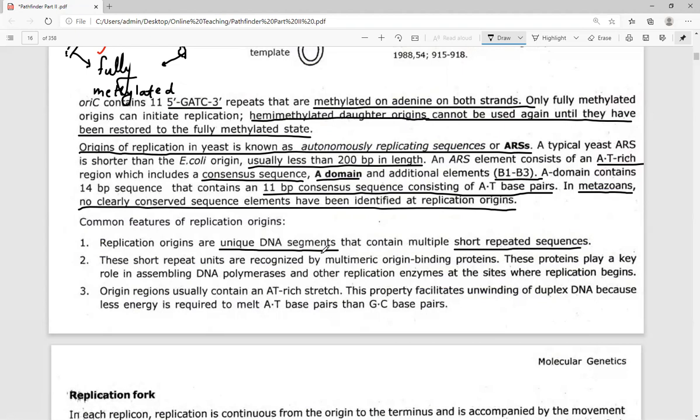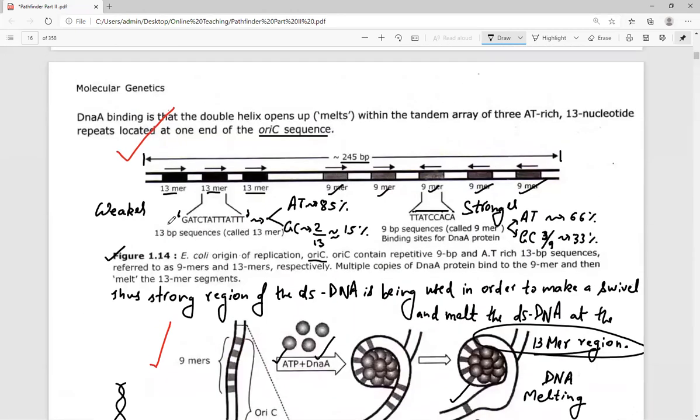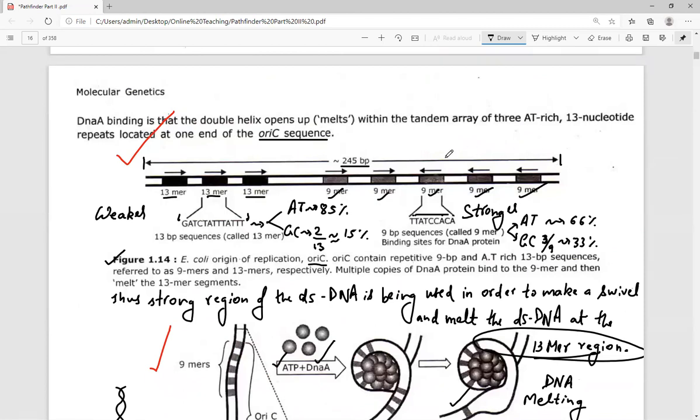For example, the unique DNA sequence of 245 base pair is present in the case of E. coli. This DNA sequence also contains certain conserved residues called the 9-mer residues and the 13-mer residues.